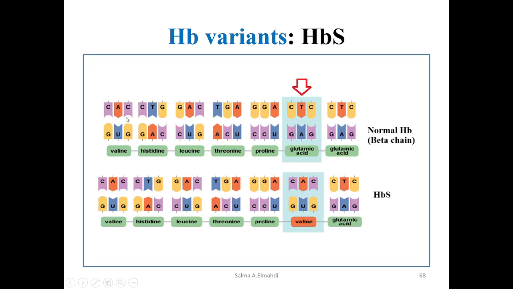So this is position 6. These are the codons and anticodons, and this is our translated amino acid sequence. We have valine 1, 2, 3, 4, 5, 6. This position normally in a beta chain is a glutamate.